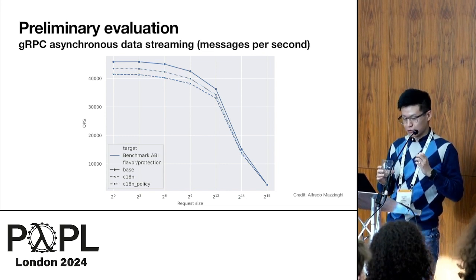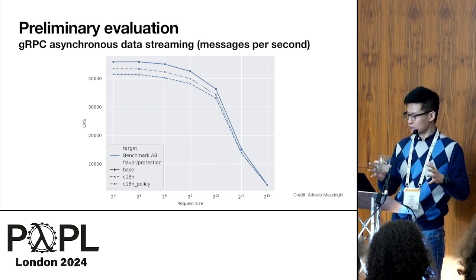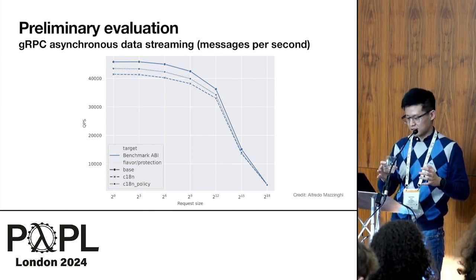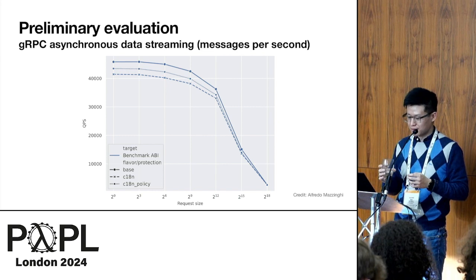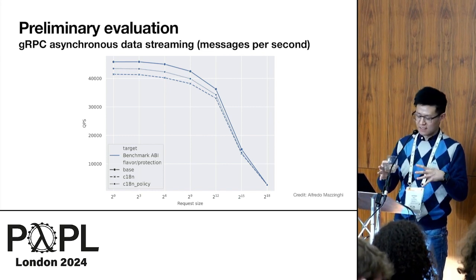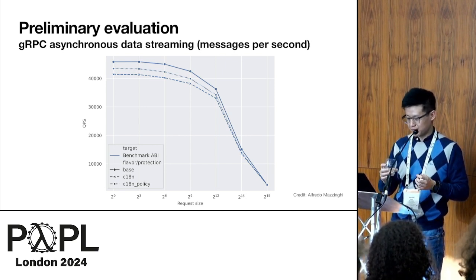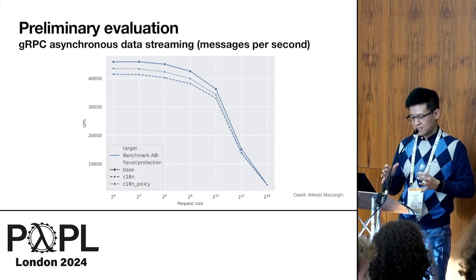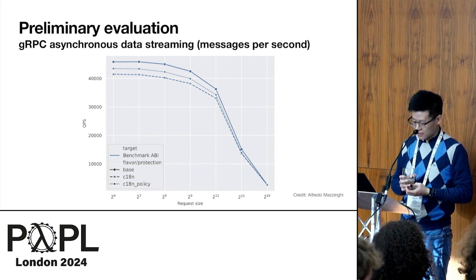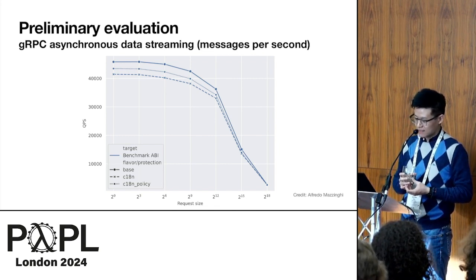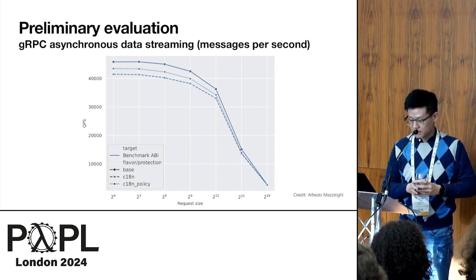But if you apply certain policies to group libraries together, because gRPC includes more than 100 libraries, and many of them are actually supplied by the same vendor and belong logically to the same functionality or group of tasks, you can actually group them into the same compartment, and this reduces the number of compartment transitions quite a lot. And if you apply this policy, then you can gain some performance back.